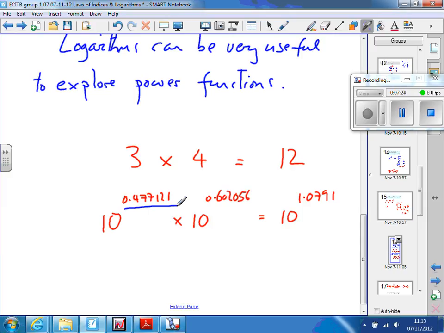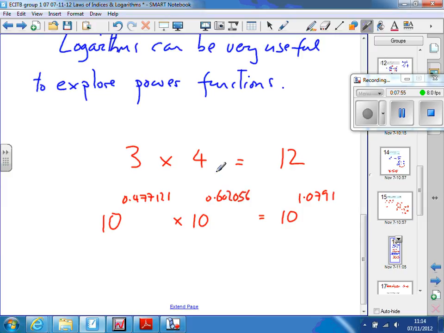So I'd look up in a table of logarithms what the logarithm of 3 was, look up the logarithm of 4, add them together, and then work out what 10 to the power that was, again by looking at a table, to get the answer. What it's using is the fact that if I turn the numbers I multiply together into powers, I add the powers.